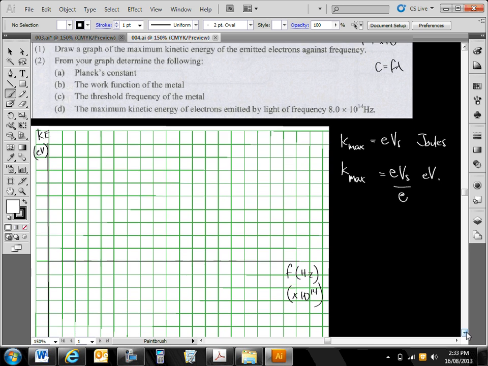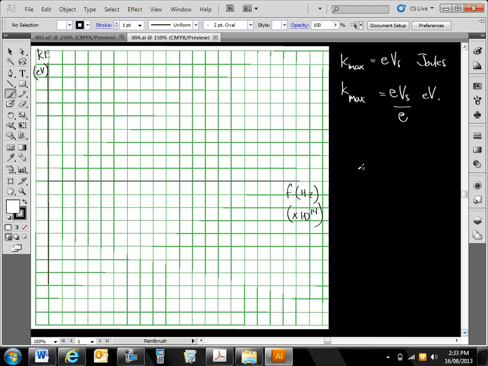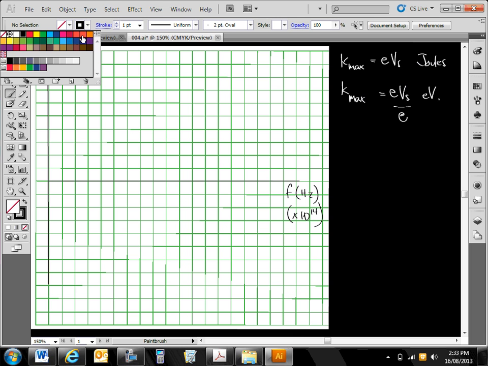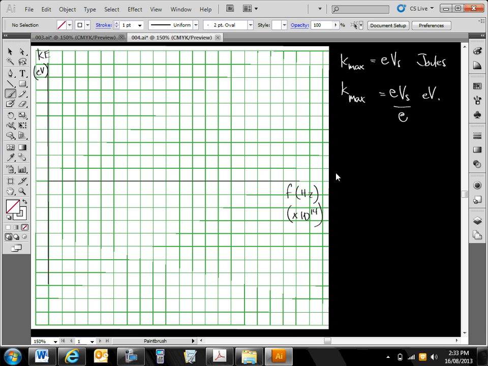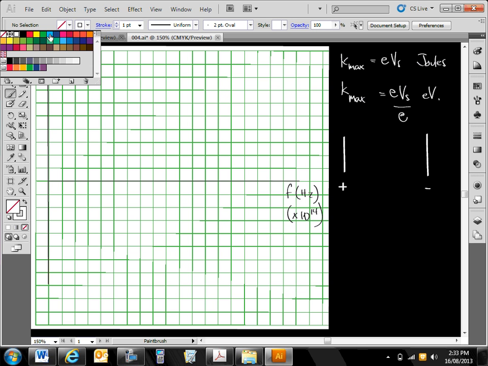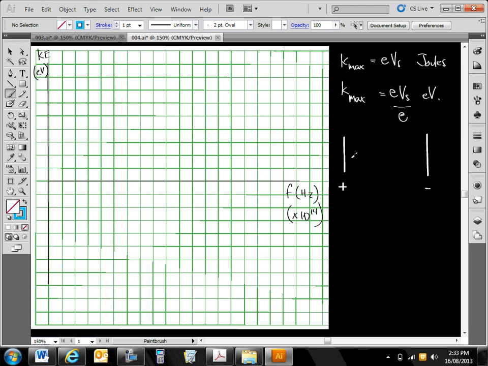Because remember, if I have a potential difference here, so there's an electric field in there, isn't there? Think about that as an electric field. The only reason we know there's a field there is because it has an effect on charged particles as they move in that field.